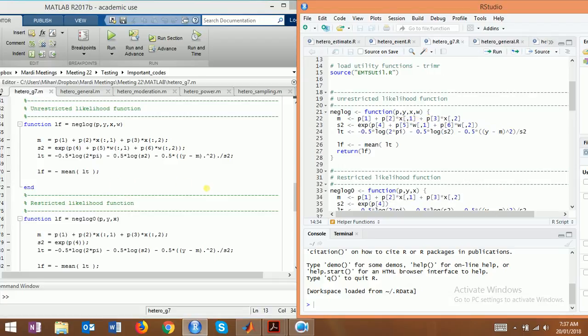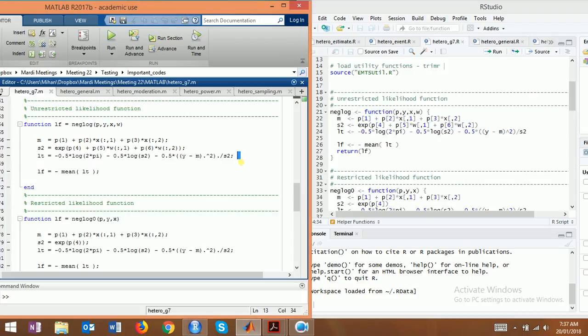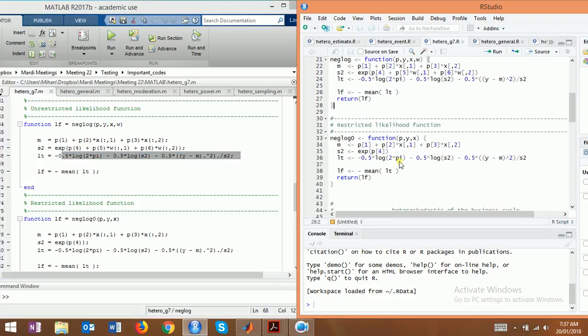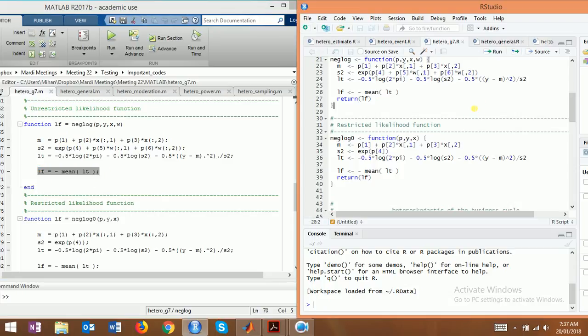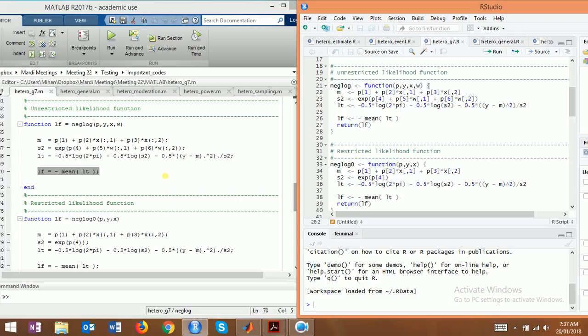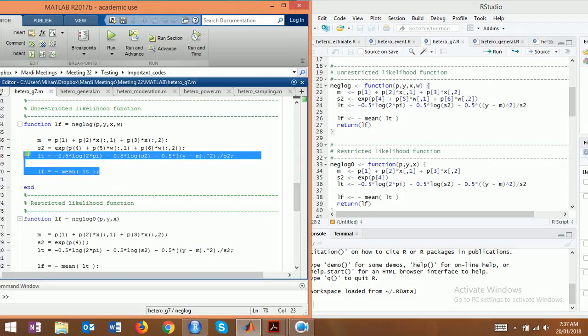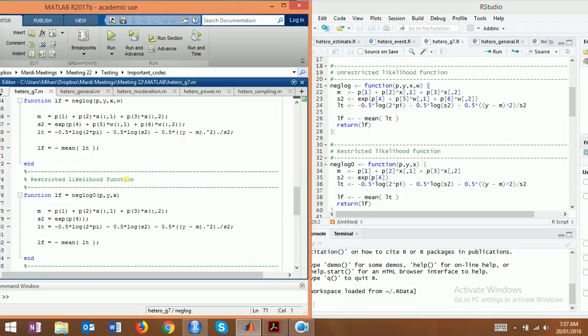Then the likelihood is: minus half log of sigma square, minus half of y minus mu squared divided by sigma square, and LT. Then minus the mean of LT is LF, and this is what will be returned. We should always do this instead of making many functions.